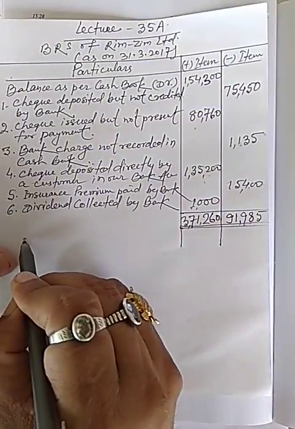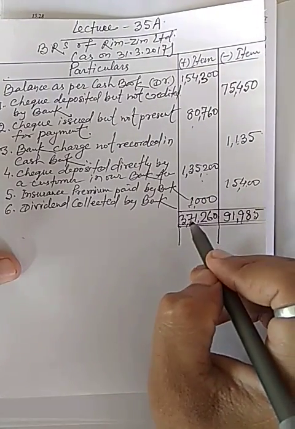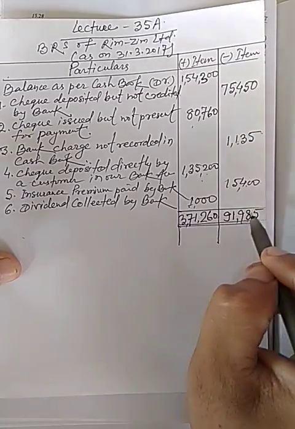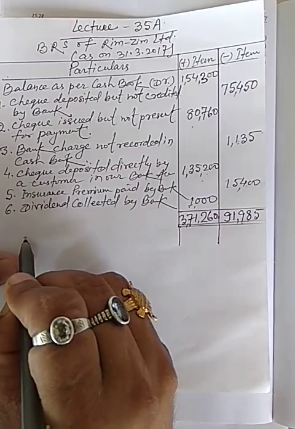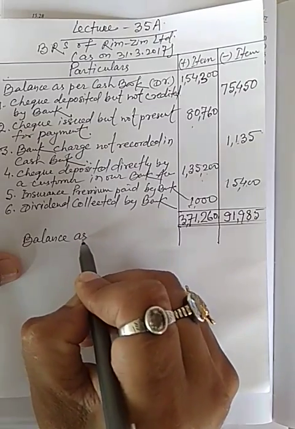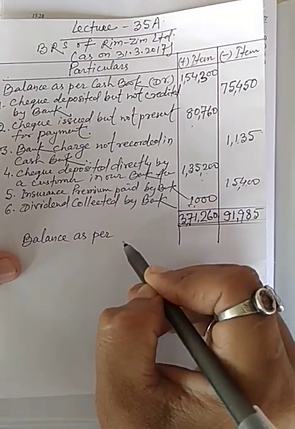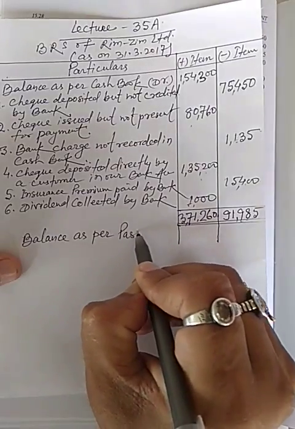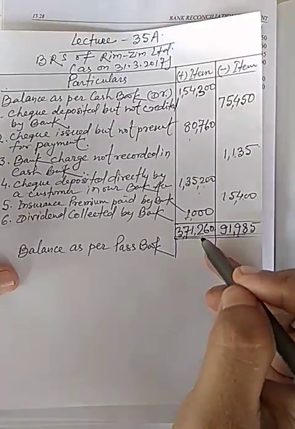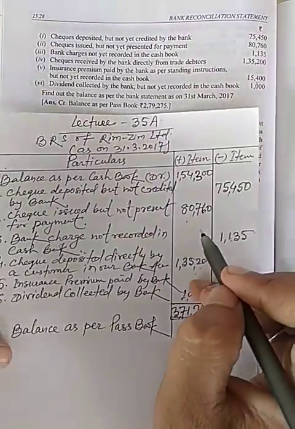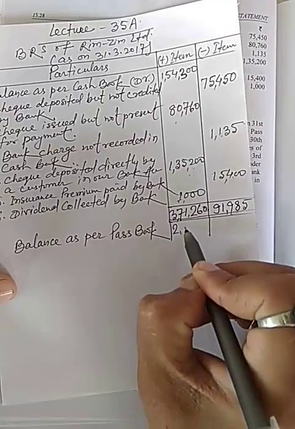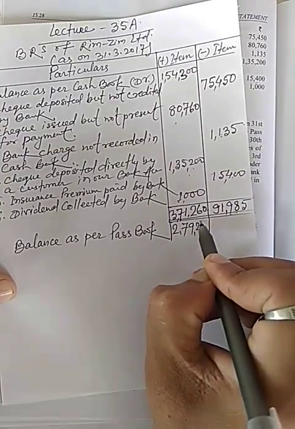Now from plus item we will deduct minus item, so it will be the balance as per passbook, and the amount will be 2,79,275.